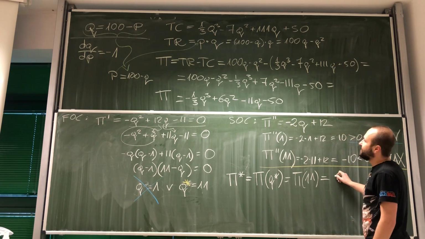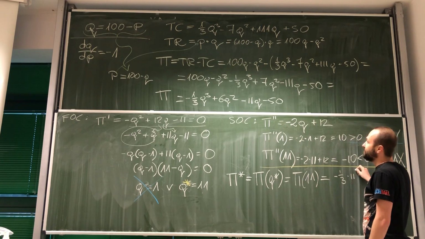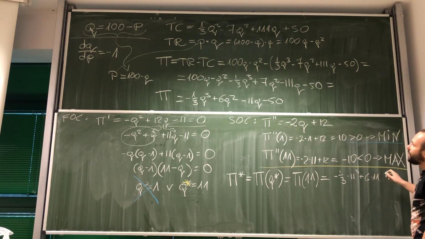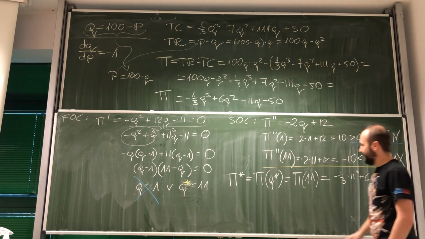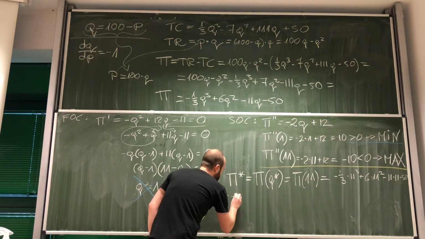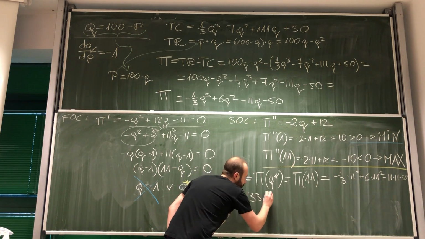So I'm getting that this is negative 1 over 3 times 11 to the power of 3 plus 6 times 11 to the power of 2 minus 11 times 11 minus 50. Okay, so what am I getting out of this? So I'm getting negative 1 over 3 times 1,331.